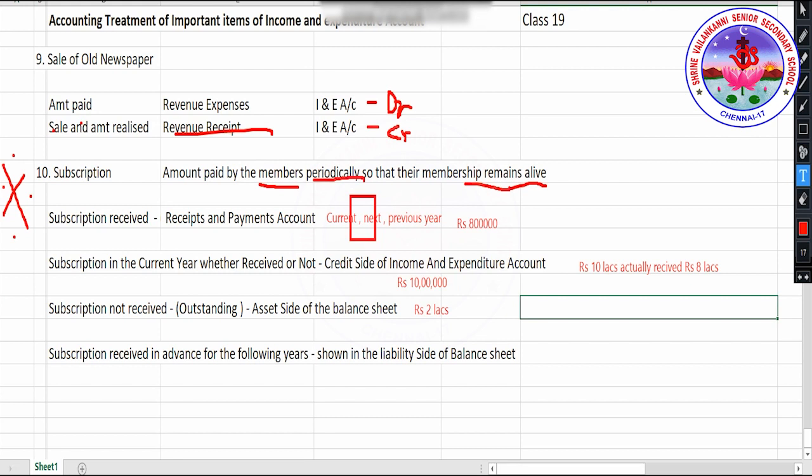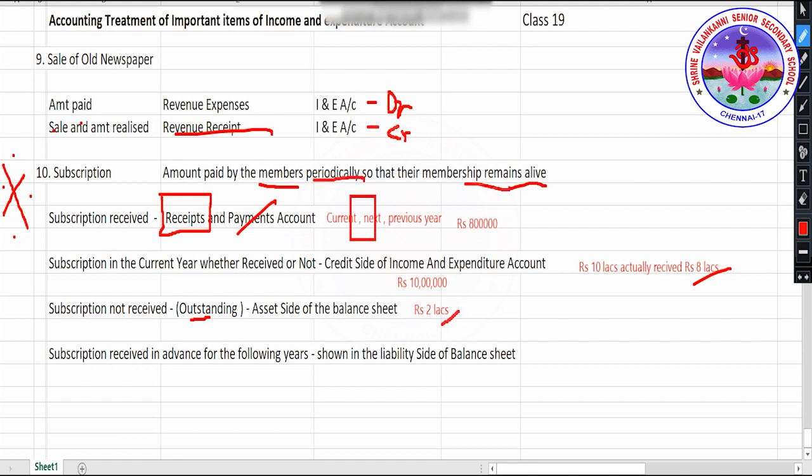But actually received is 8 lakhs; this you will record in the receipts and payments account as a receipt. How much is not received? That is subscription outstanding, rupees 2 lakhs.